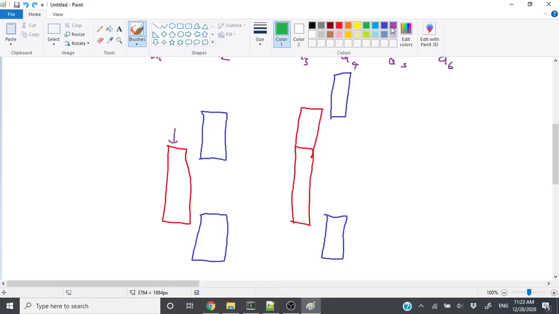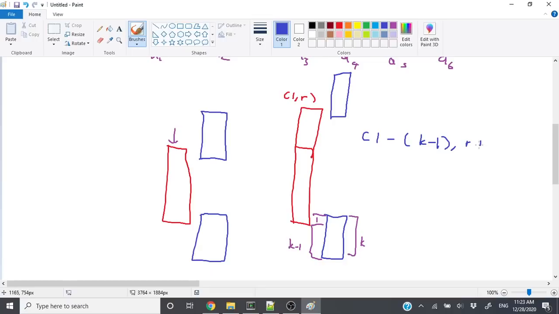So let the red interval be L and R. Then the blue interval would be L minus K minus 1, because this has to be 1, but this is length K in total. So the freedom we get is K minus 1. I'm finding the interval for the bottom just for convenience.